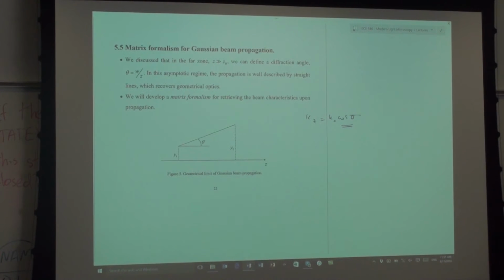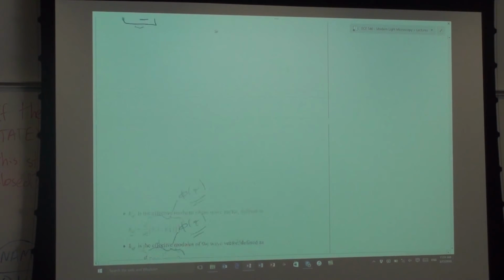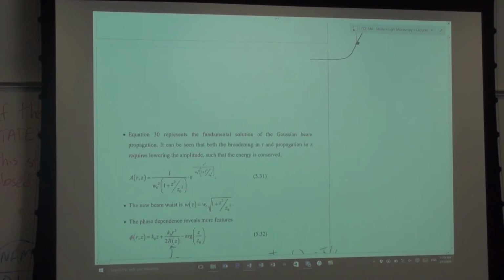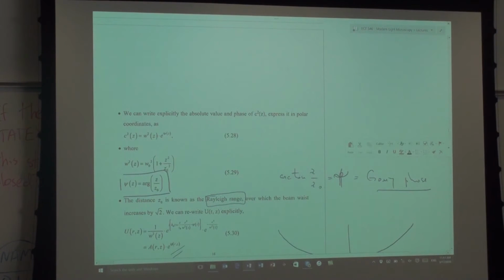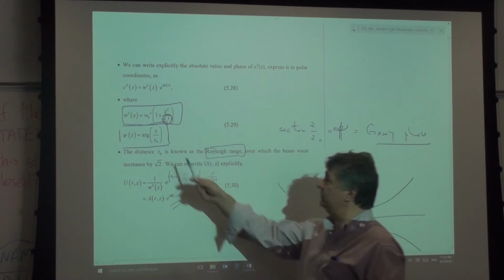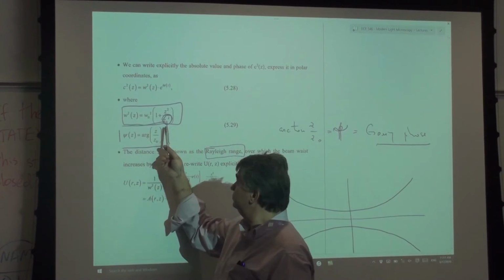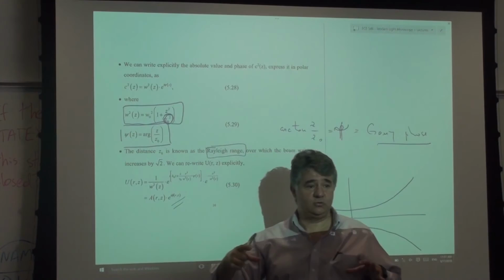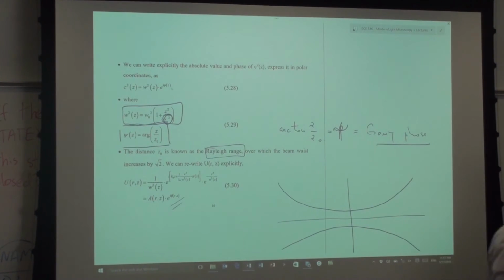So at the end of the day, we have a beam waist, W, where is it? This one. That looks like this: W naught squared times one plus z squared over z naught squared. So z naught is the Rayleigh parameter that tells you the distance over which W squared goes up by a factor of 2, one plus one. Or when the beam waist goes up by square root of 2. So that's my waist.